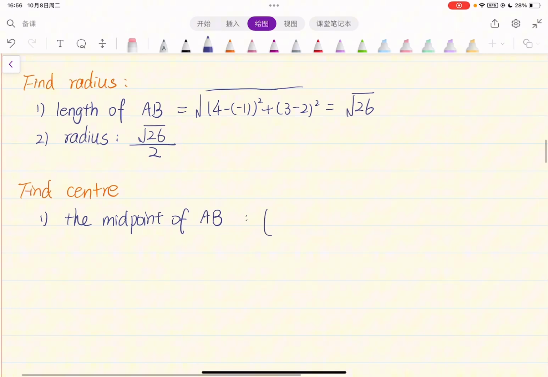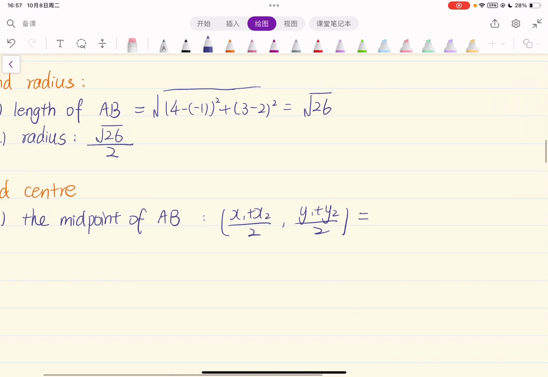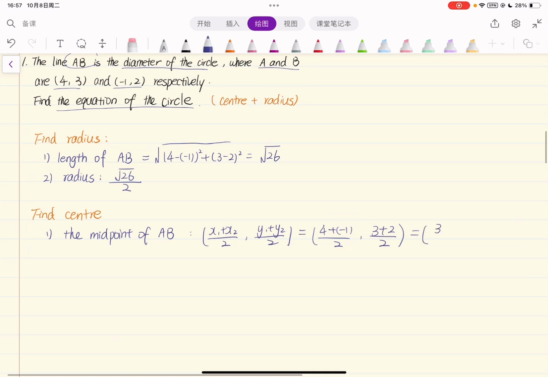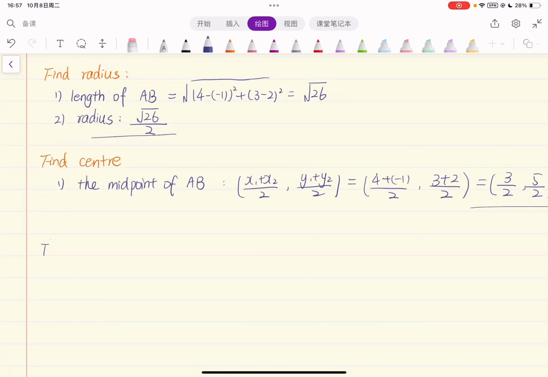That is (x1 plus x2) over 2, and (y1 plus y2) over 2, which equals (4 plus -1) over 2, (3 plus 2) over 2, which equals 3 over 2, 5 over 2. So that is the center. Now we have the radius and the center, so we can write the equation of the circle.